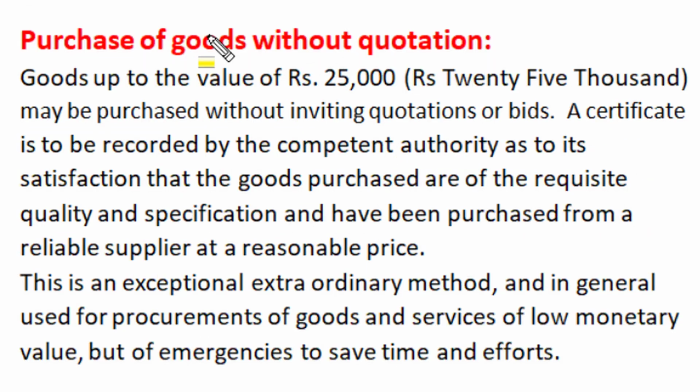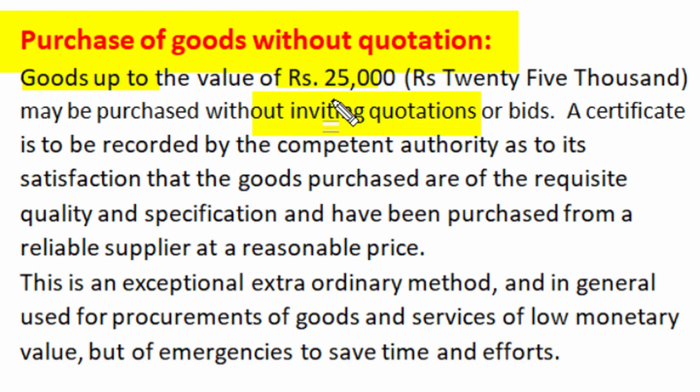Many times private entities can purchase goods from the market without any quotation, and the same procedure can be adopted by public organizations or government too in special cases, but for that, goods of the value only up to 25,000 may be purchased without inviting quotation or bids.